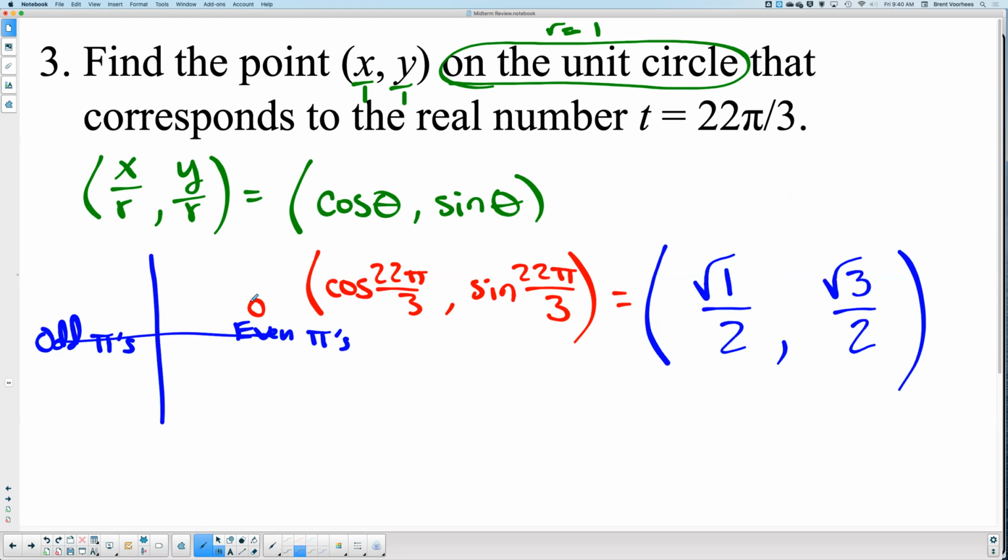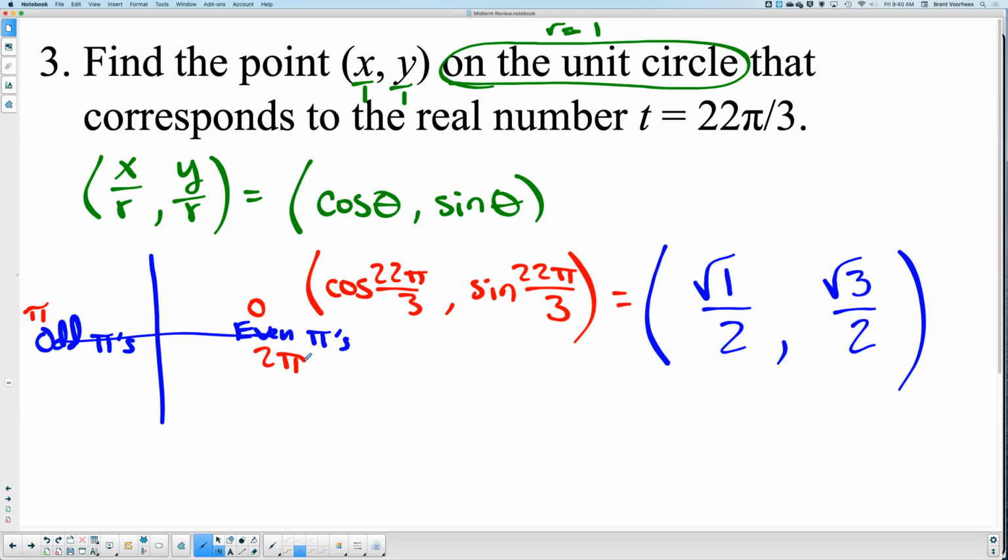This is 1 pi. If you went all the way around, that is 2 pi. If you start going around again, when you get back to where 1 pi is, now it's 3 pi. Go around, 4 pi, 5 pi on the left, 6 pi on the right, and so on. Even pi's are on the right side, odd pi's are on the left.